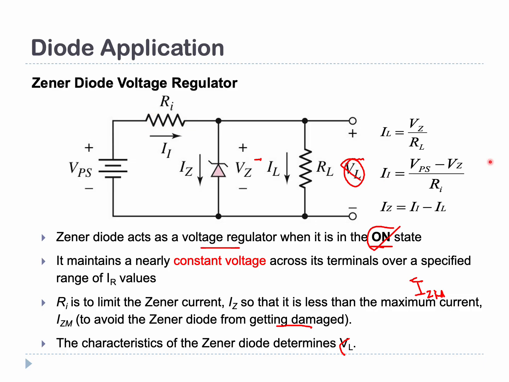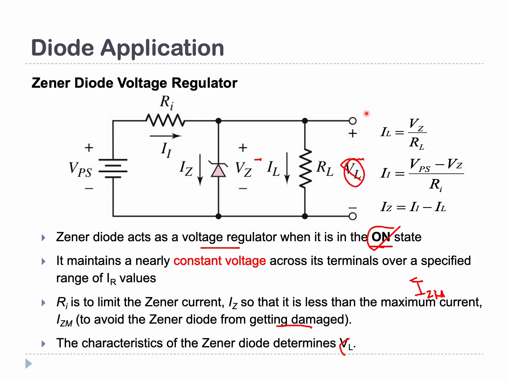In that case, we can measure the value of I1. The value of I1 will be the input voltage VPS minus VZ, because we have a voltage difference there, over Ri, so we can know the value of current flowing in the resistor Ri.